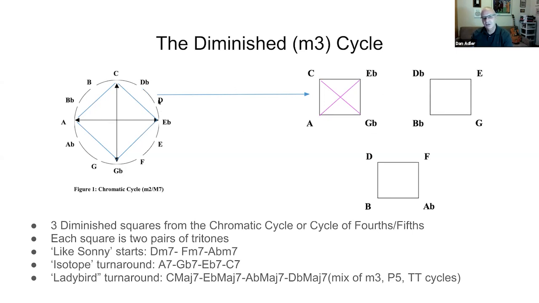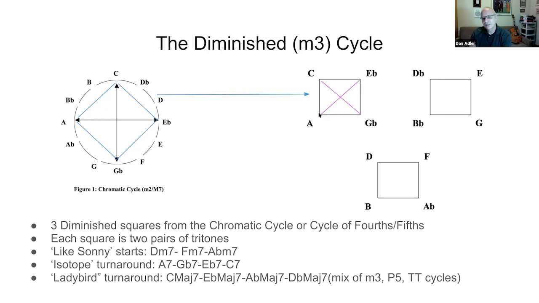You turn it to D, you get the next one. So again, you're seeing some beautiful symmetry here, and 3 squares fit into this circle, which again you could think of as 3 times 4 is 12. And the other nice thing here is, again, we've maintained that each note is still opposite its tritone.